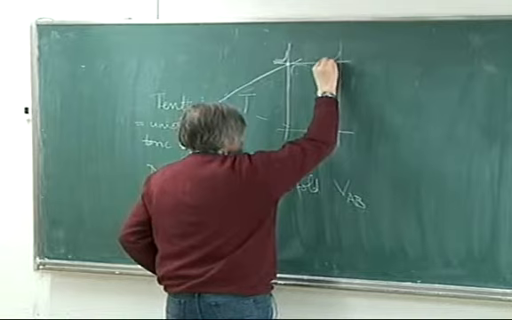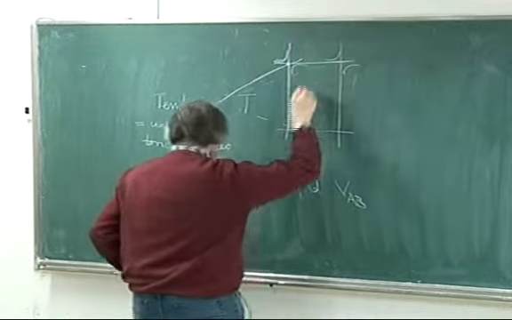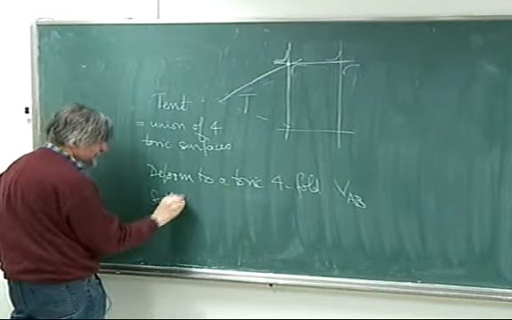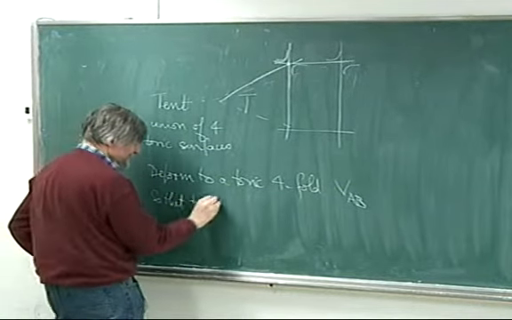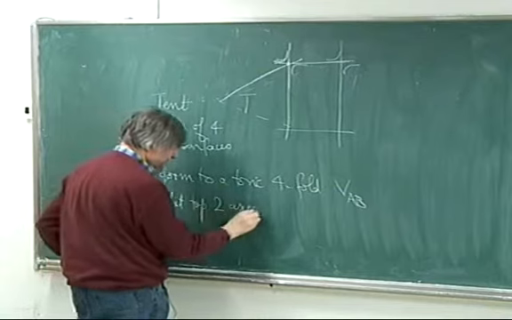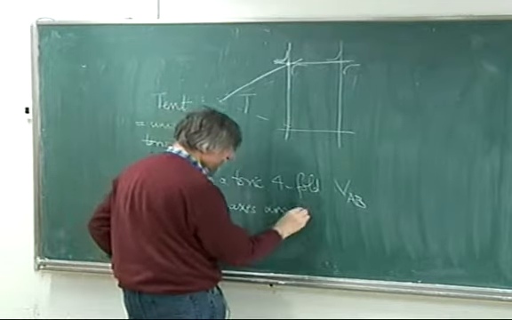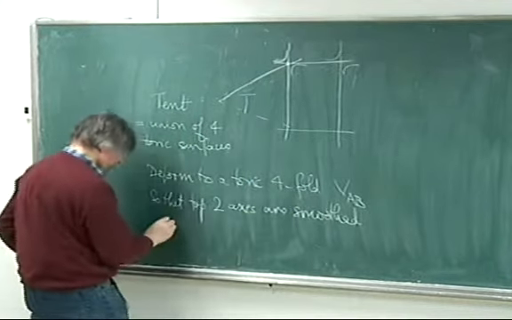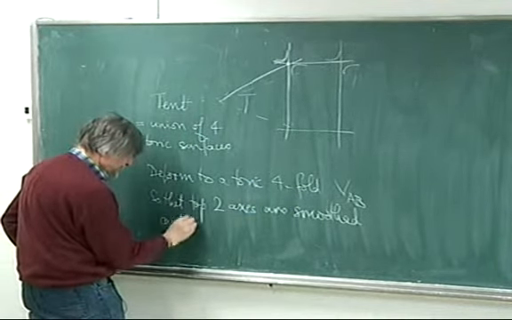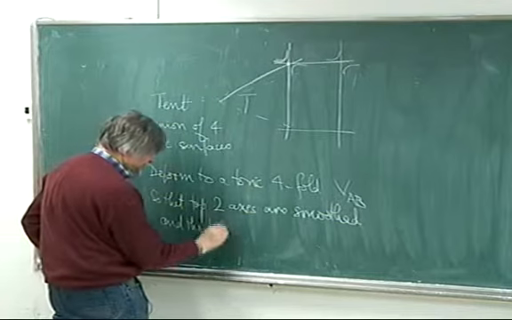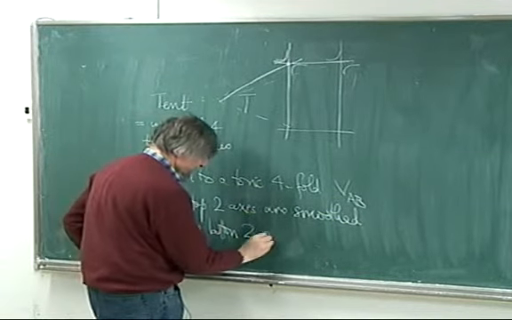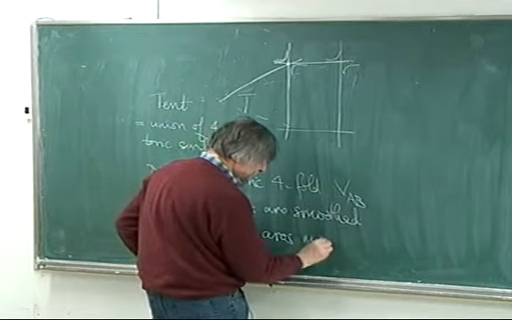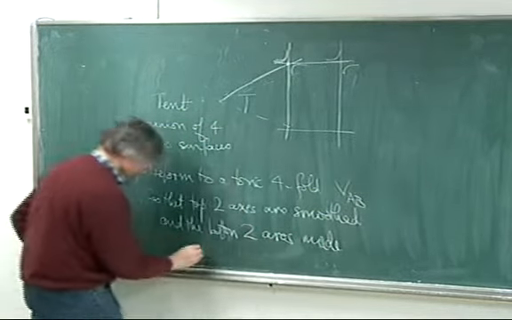So I want to do something like this at each of these axes, so that the top two axes are smoothed and the bottom two axes are made irreducible.